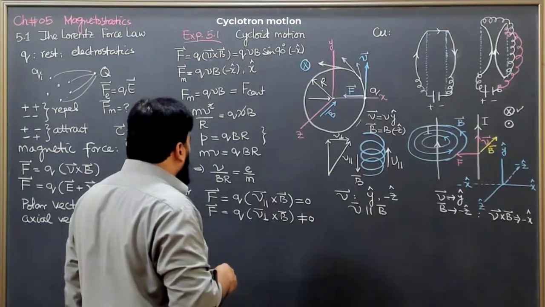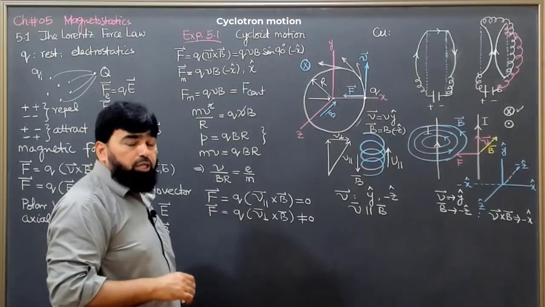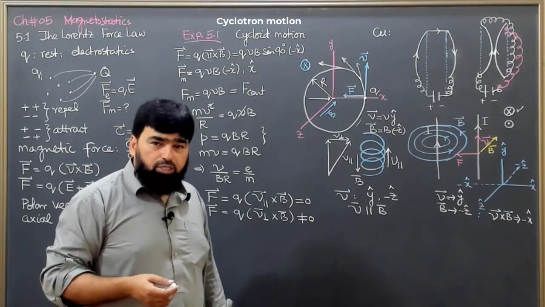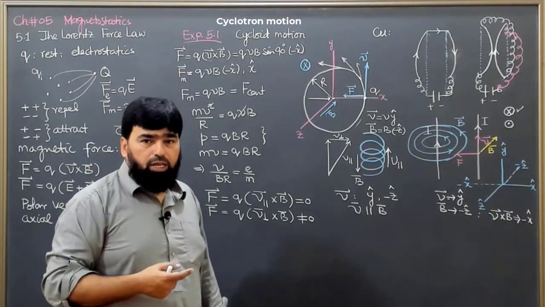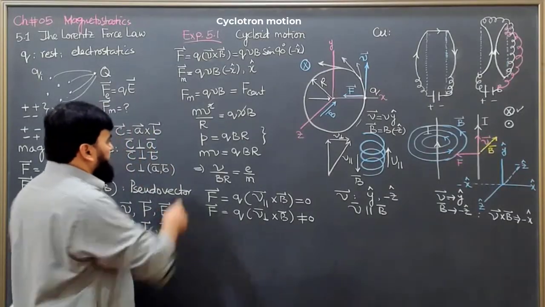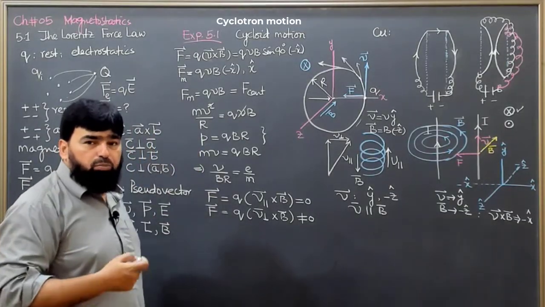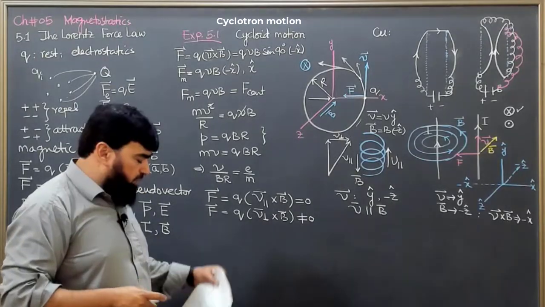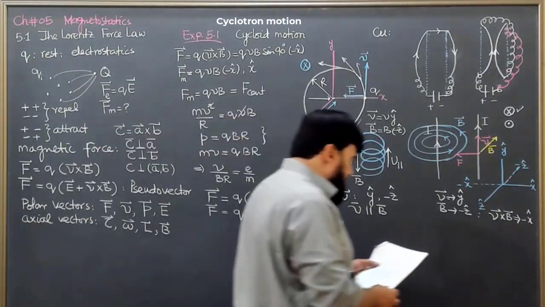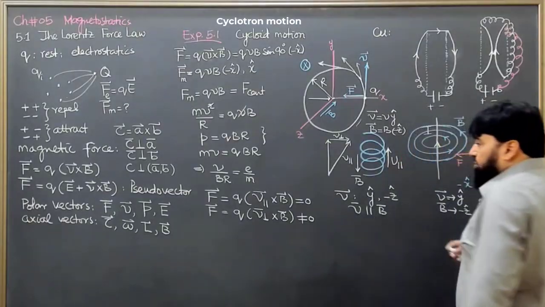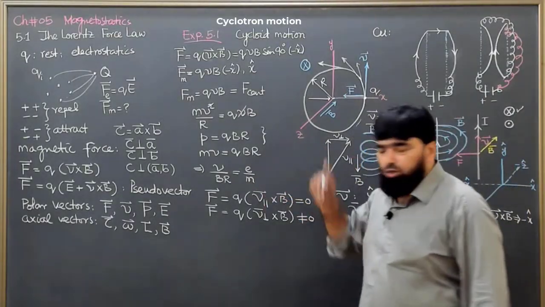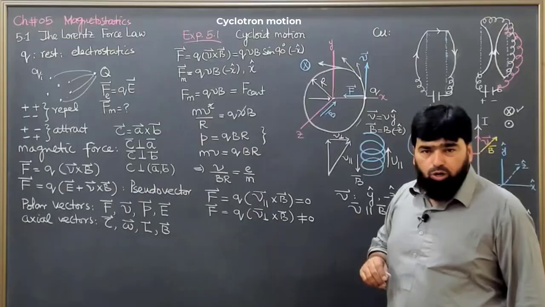Similarly, we can determine the energy of the particle. If, for example, an unknown particle comes in, then we can find its energy from P, like P squared by 2m. It will give us the energy, and further, with the help of E over M, we can find the E over M ratio.